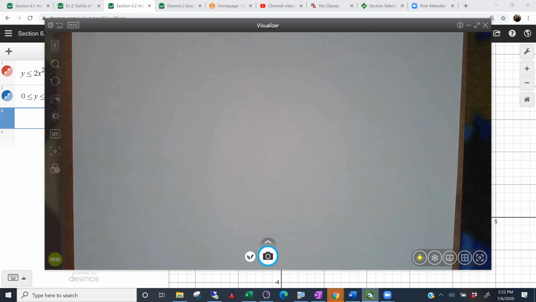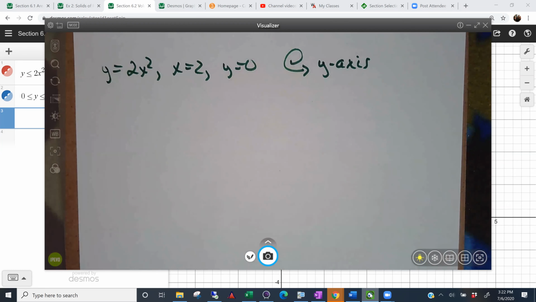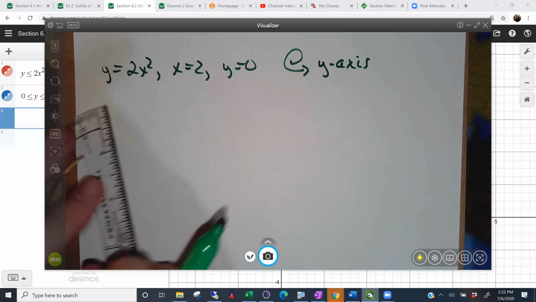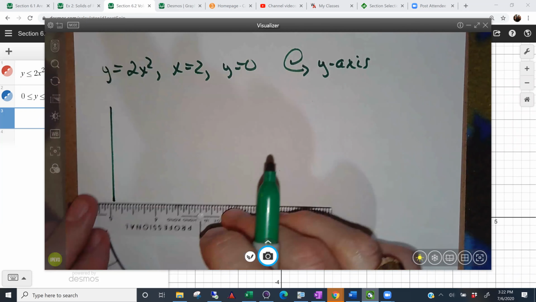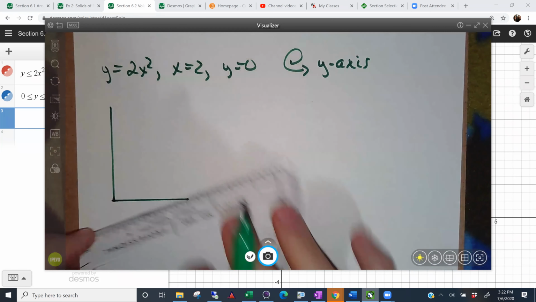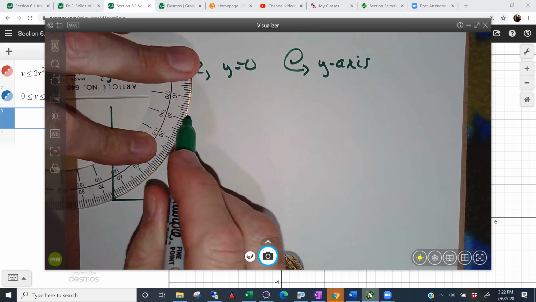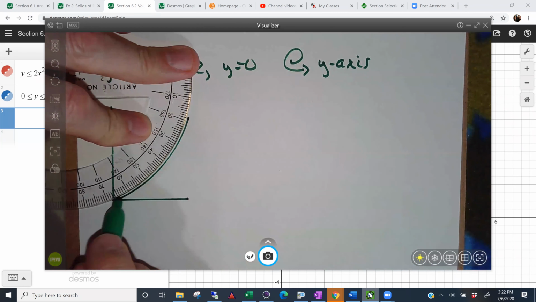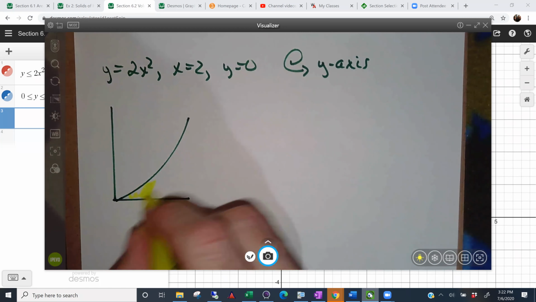So here's a look at our problem. We've got that figure. We're going to rotate around the y-axis. Let me kind of sketch one in here for us. And let's fill this in a little bit.